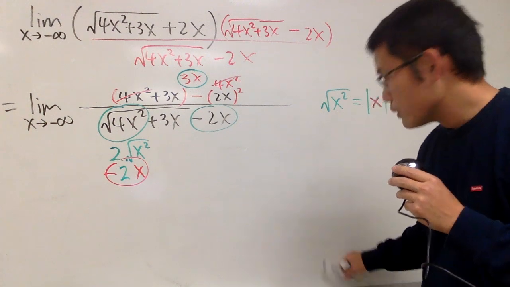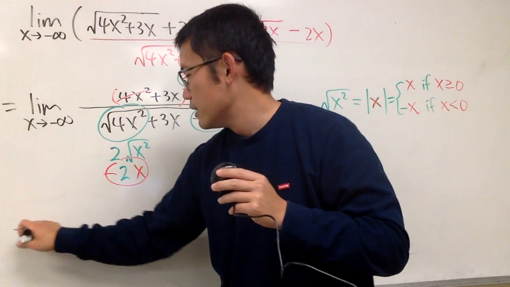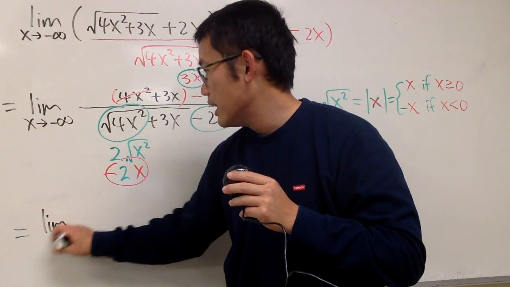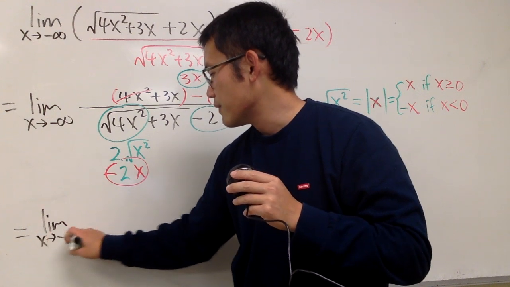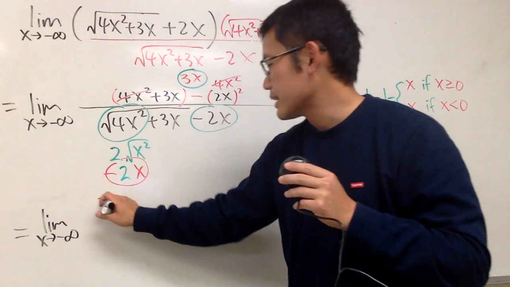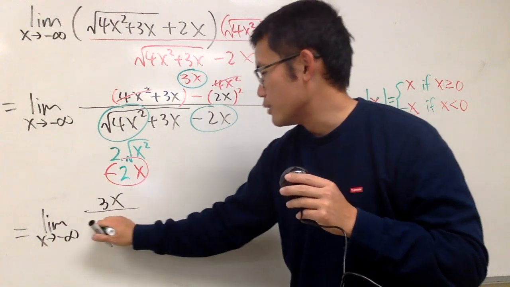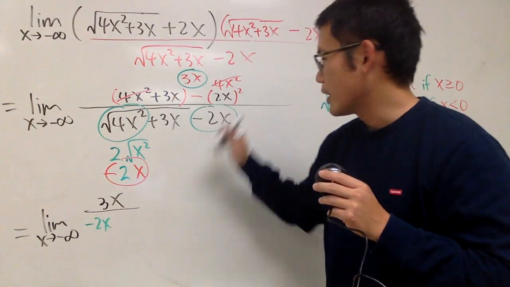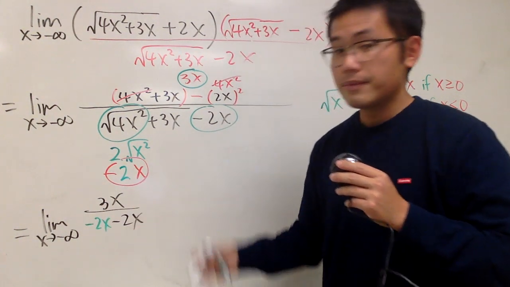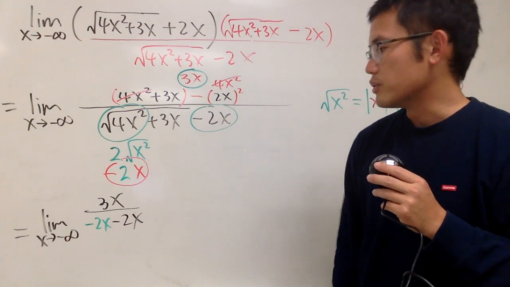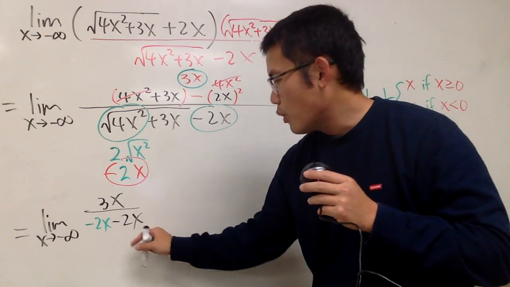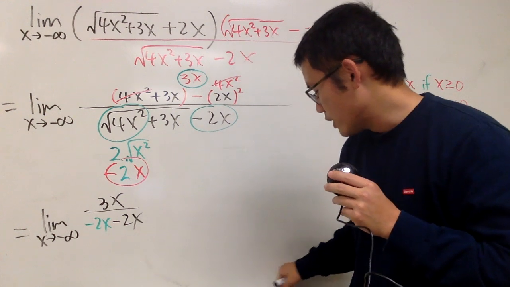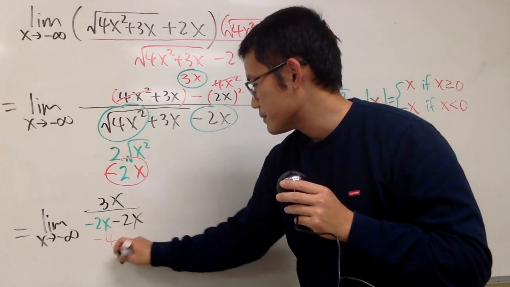So now I will just write down things for you guys. This is going to be the limit as x approaching negative infinity. On the top, we have 3x. On the bottom, this right here reduced to negative 2x, and then right here we have another minus 2x. Right? So that's pretty much the computations that we just did. Of course, this right here together, that will give us negative 4x.